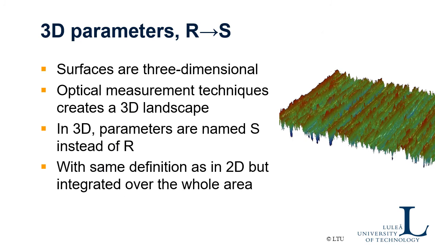As we discussed before in the surface roughness video, we measure with optical profilometry nowadays. So we actually get the three-dimensional map already from scratch. So we normally get 3D parameters instead of 2D parameters, and then we talk about S parameters.